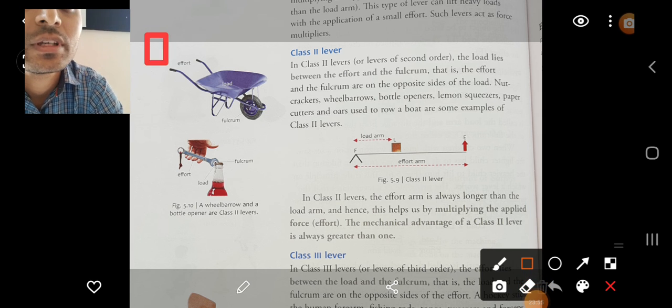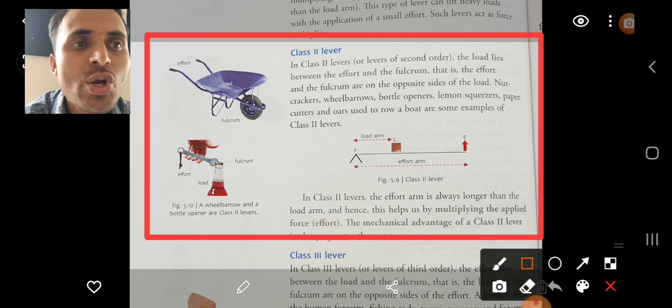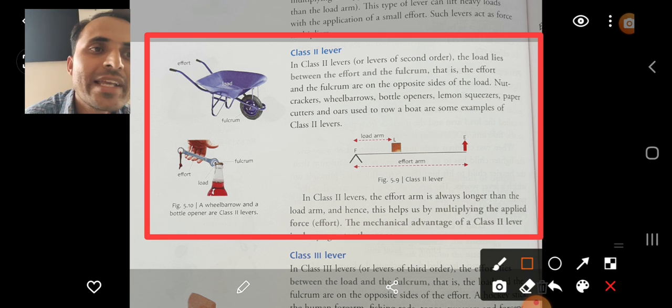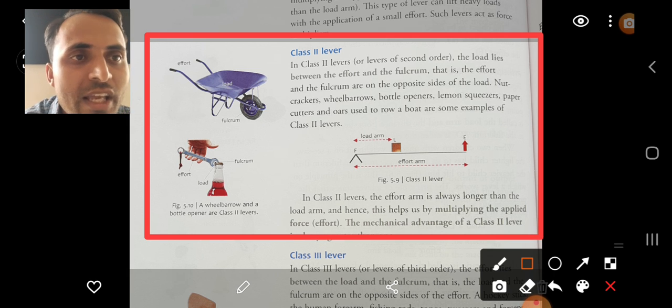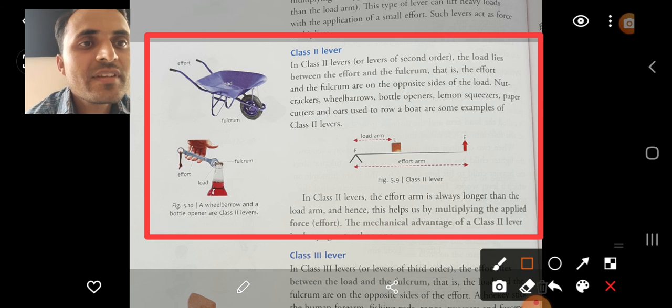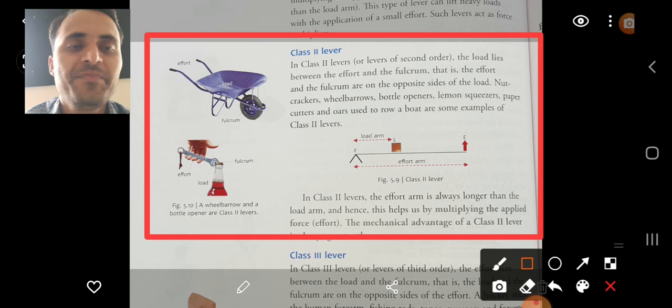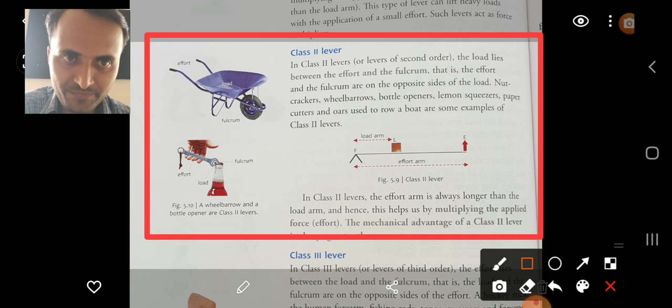In class 2 lever, your load point is situated in between the effort point and the fulcrum point. Okay, there is a quite a change in the design of the class 2 lever. Only this is the difference. And wheelbarrow and bottle opener are the best examples of class 2 levers.